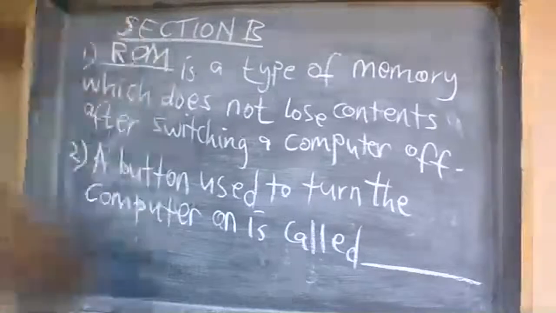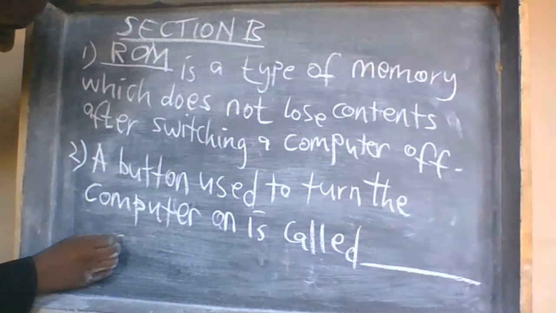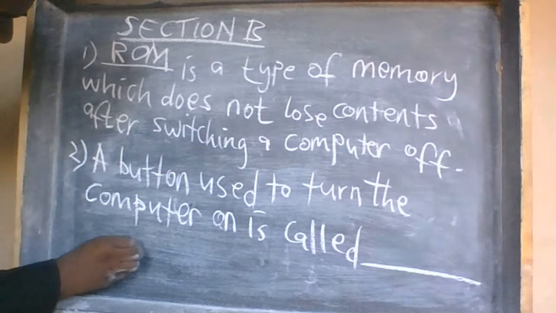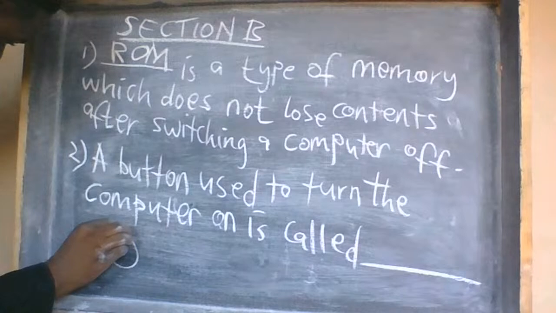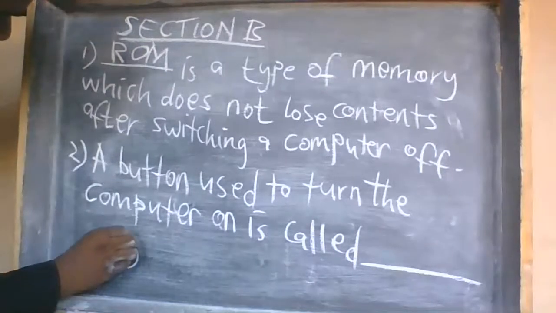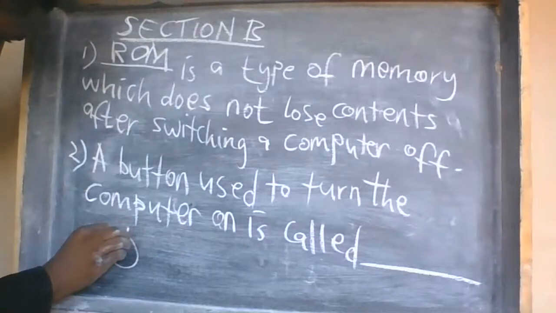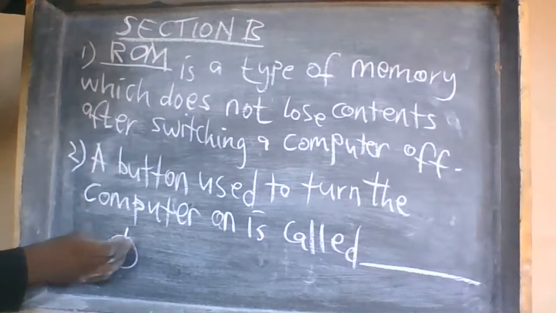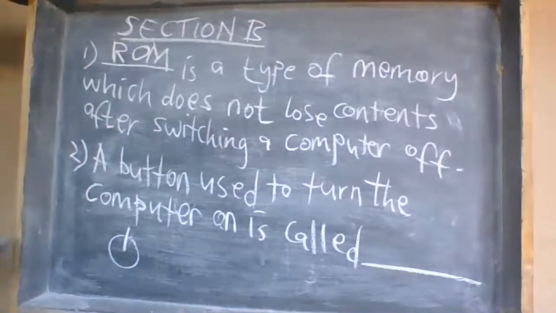So there's a button on the computer which has a 0 on it, and then there's also a 1 on it, a 0 and a 1 like that.